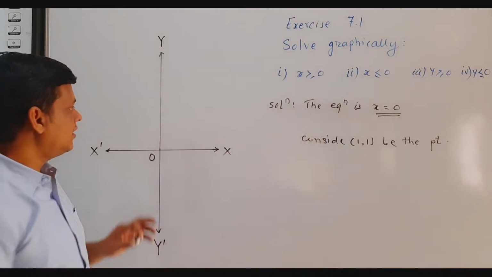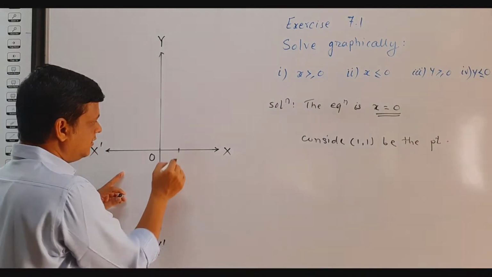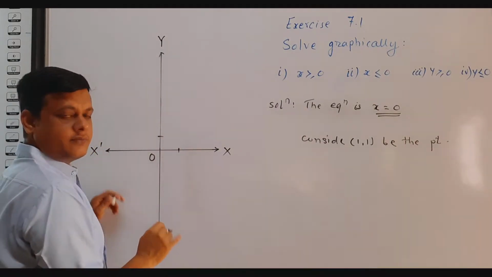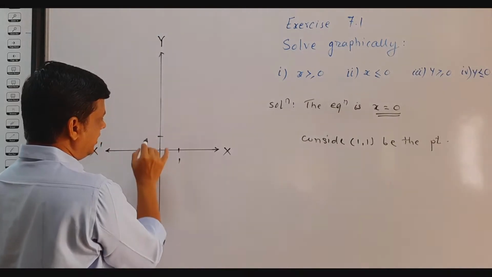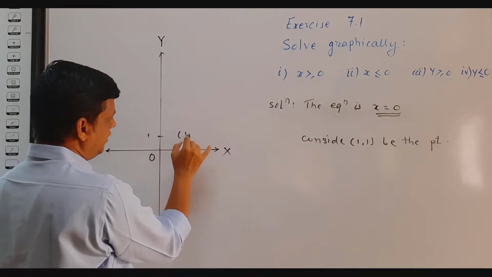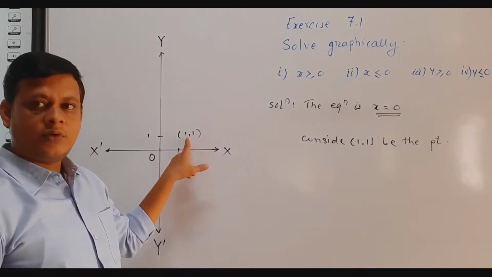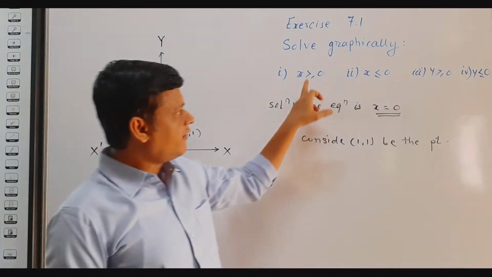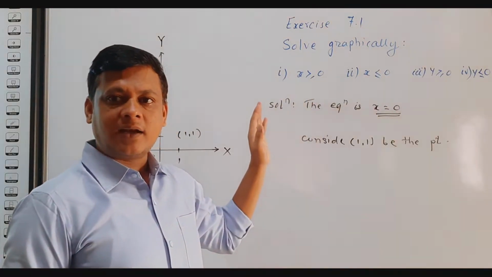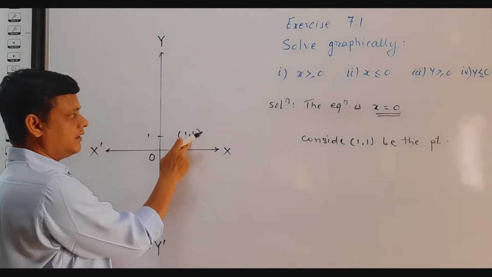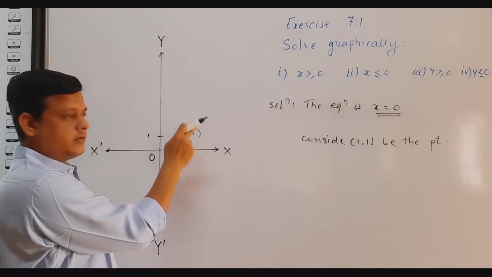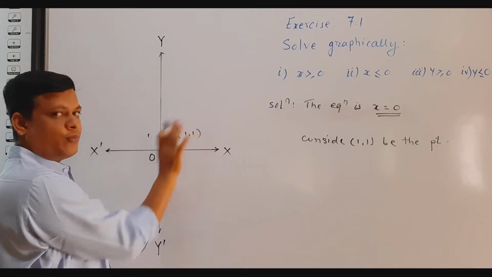Now we know that this point (1, 1) lies in the first quadrant. So if we consider (1, 1) on the graph, the point (1, 1) is here. If this point satisfies this inequality, then we mark on that side on which the point lies.